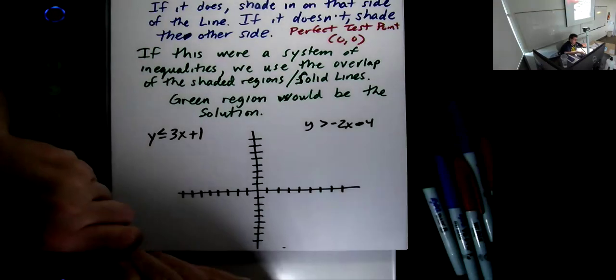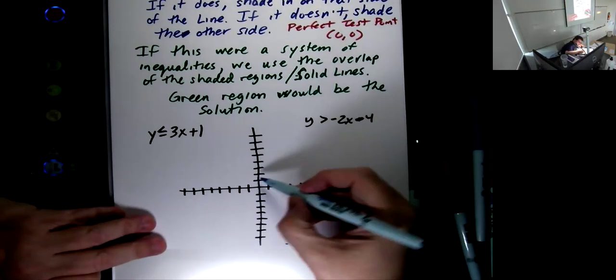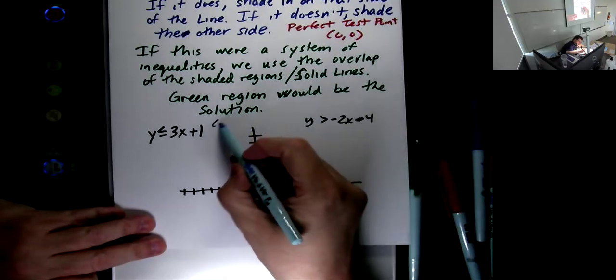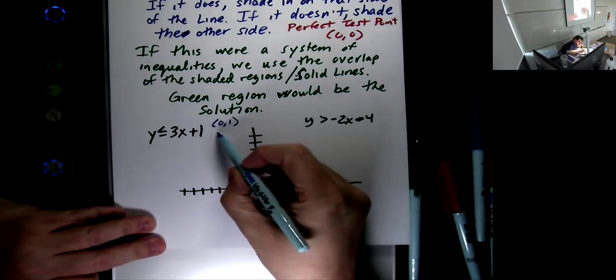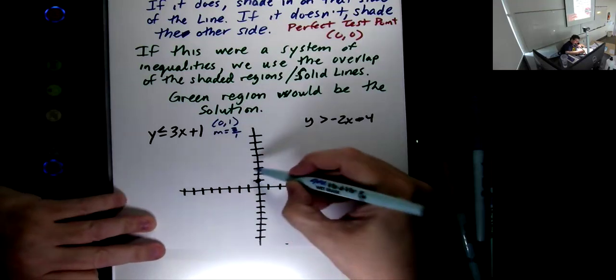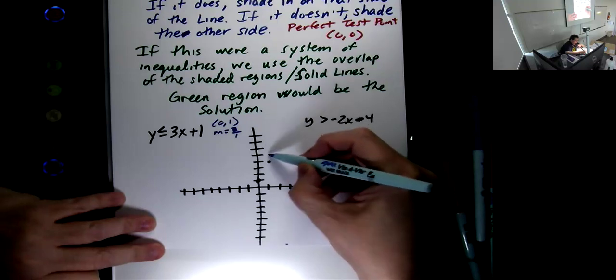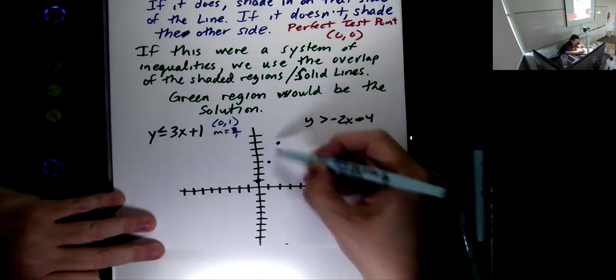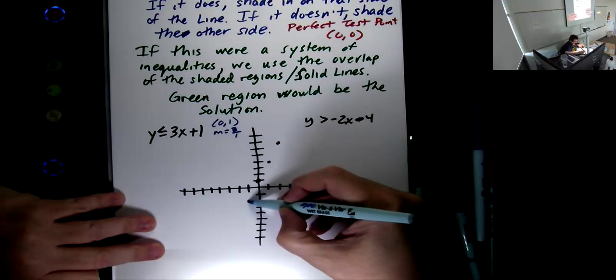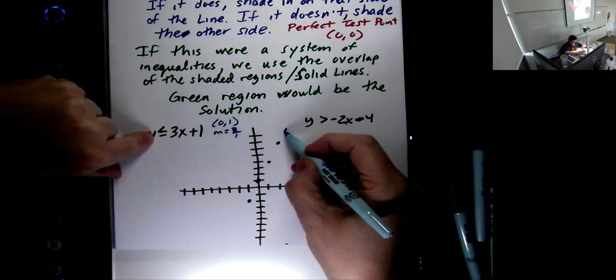Let's see what we got. So 3x plus 1. We have a y-intercept of 0, 1, a slope of 3/1. So rise 3/1. It has an equal portion, so I'm going to make it a solid line.